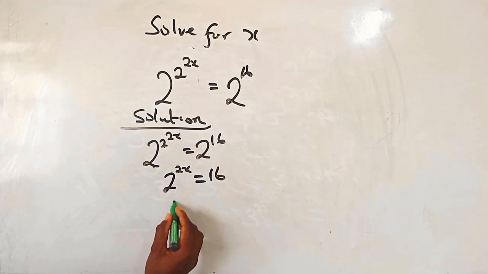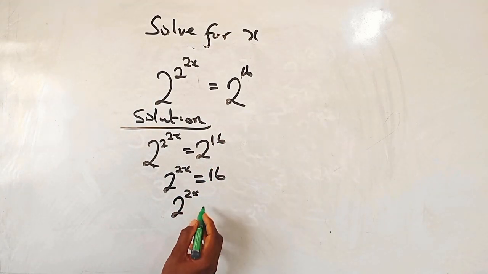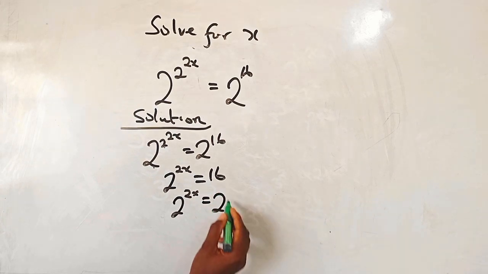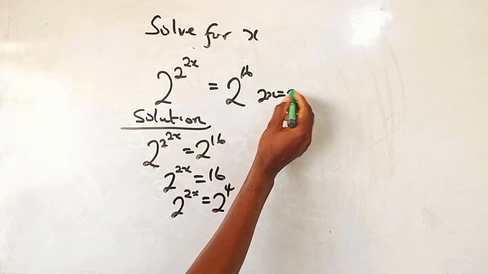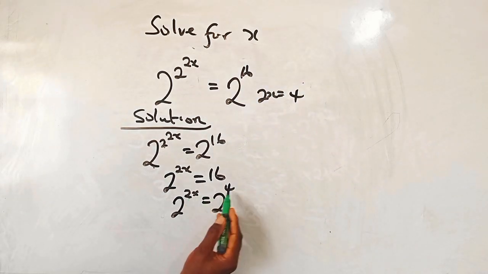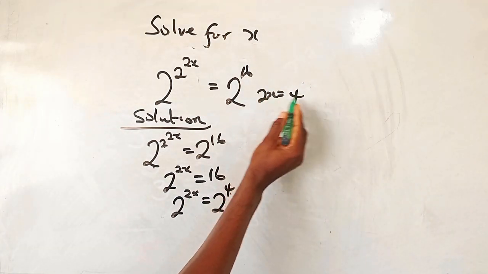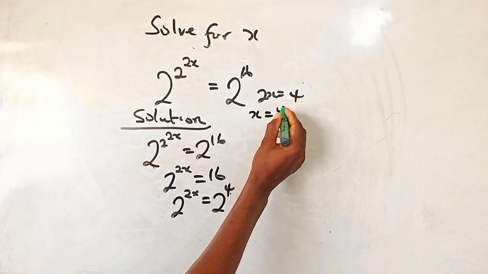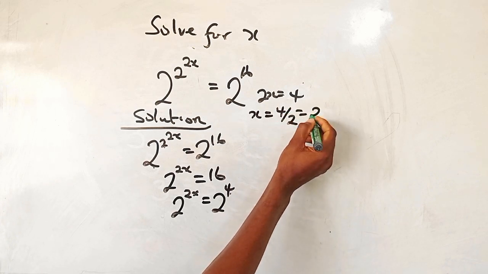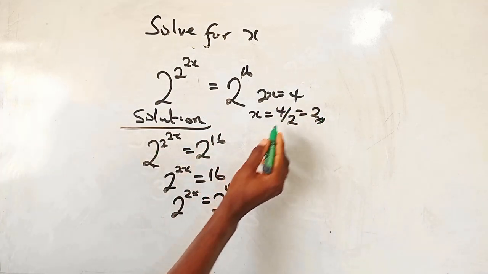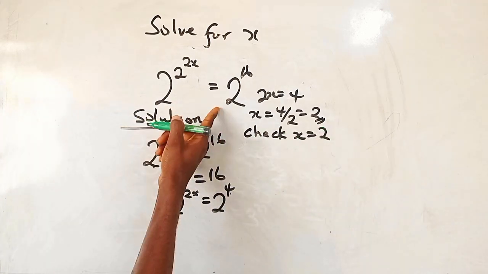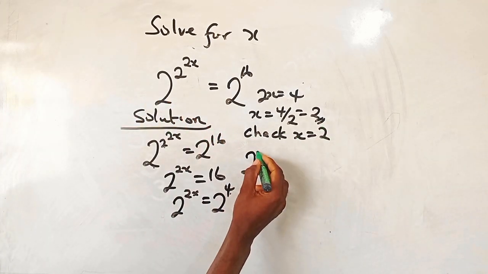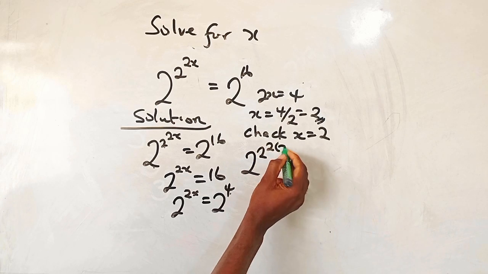We can write 16 as 2 raised to power 4. So here we have 2x equals 4. For 2x to be 4, x equals 4 over 2, which is 2. When we check for x to be 2 in this equation, we have 2 raised to the power 2 raised to the power 2x.